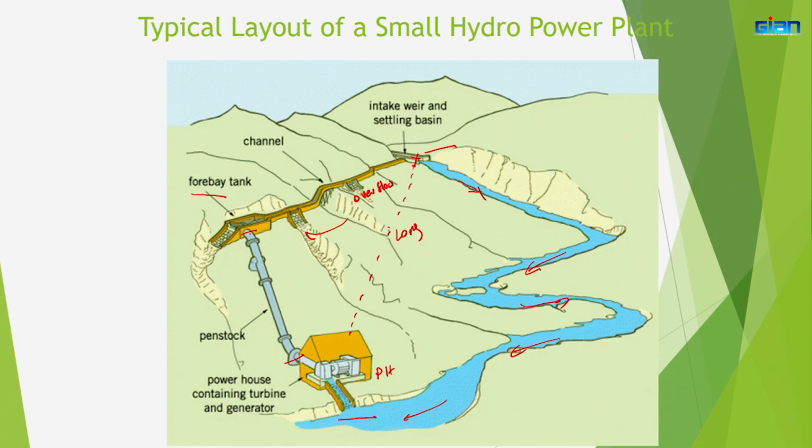From there the penstock will start and be connected to the turbines here. Here we can see the turbine, and then the generator here, which are coupled together and which will produce electricity, and that will be connected to the grid. So, it is a typical configuration of a layout of a small hydropower plant, which is operated on a run of river basis. You can see we are using the same water.